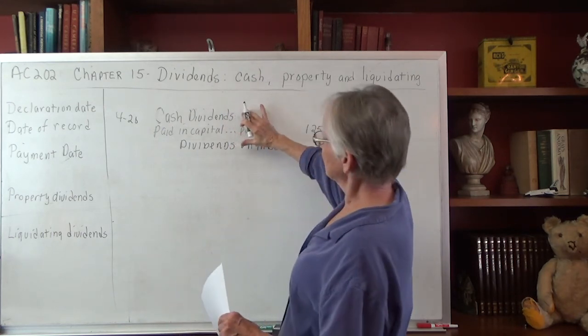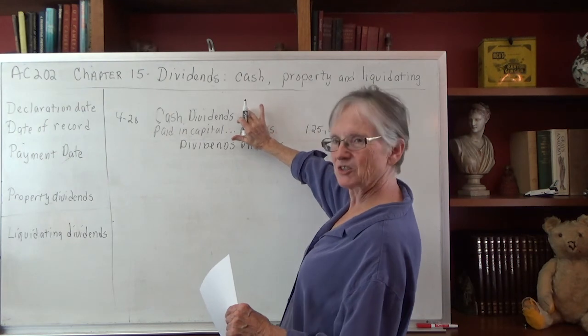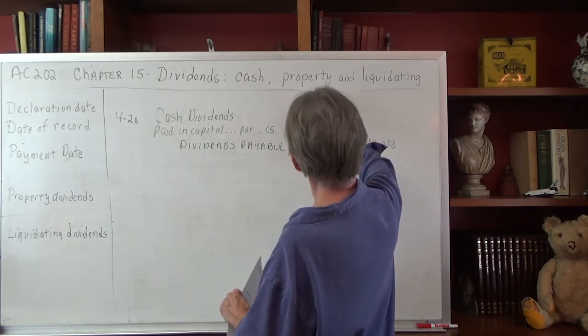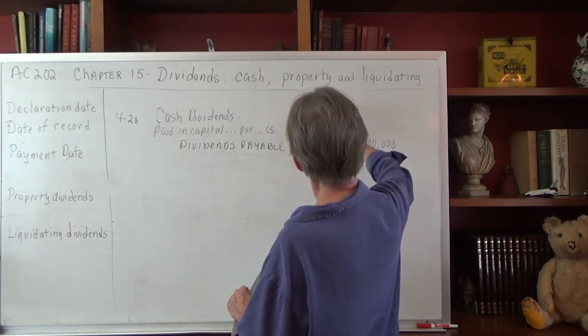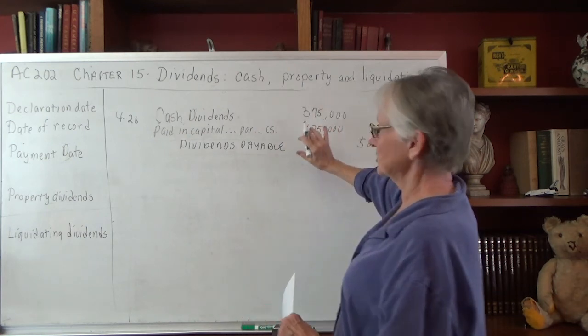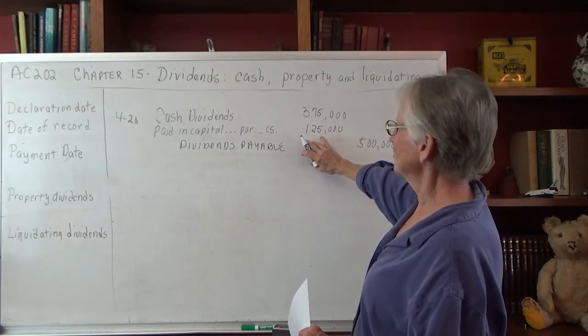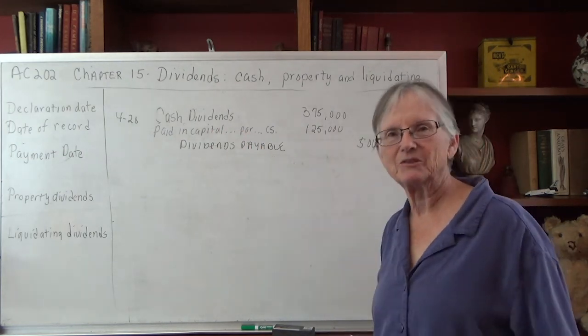You remember, the cash dividends get closed to retained earnings. Retained earnings will be reduced only by the 375, because that's probably all that was in retained earnings. The balance of the 500 is a reduction in the paid-in capital of the company.